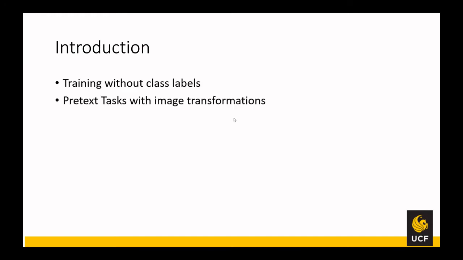So this paper deals with training without class labels. This can be done using a pretext task that applies an image transformation to the training data. Normally we train a network to output class labels, but since the training data is unlabeled, we can't have the network output the class labels directly. So instead we train the network to create image representations.